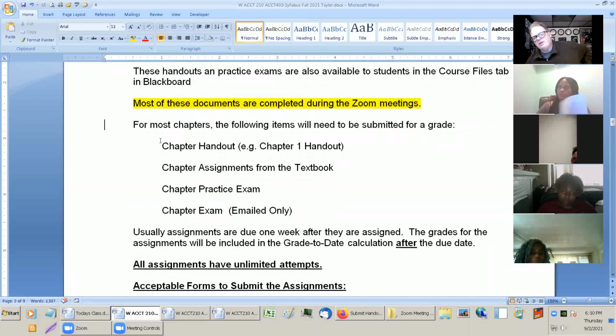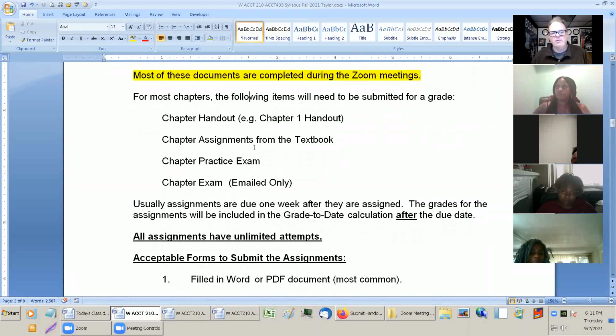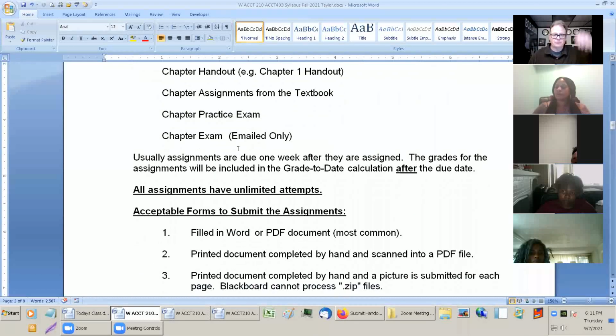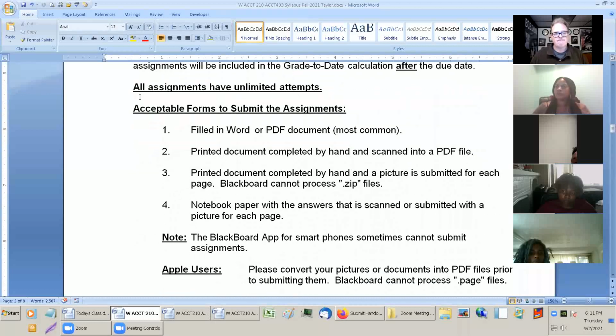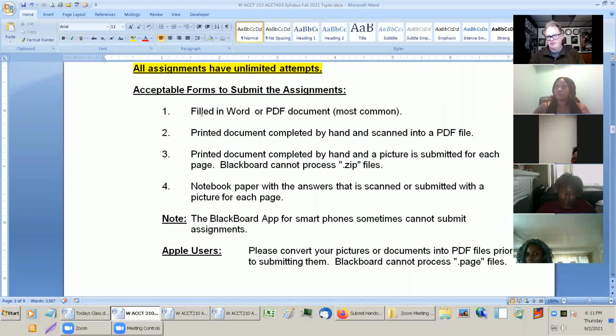Okay, so how do you submit it? Well, let's go down here. You can fill it in Word and submit it that way. In other words, just do it right in the Word document that we're using.